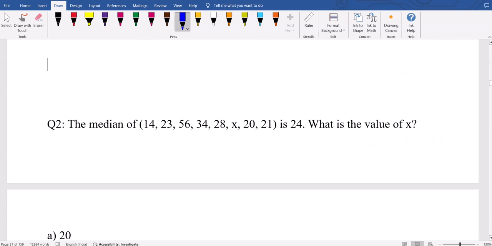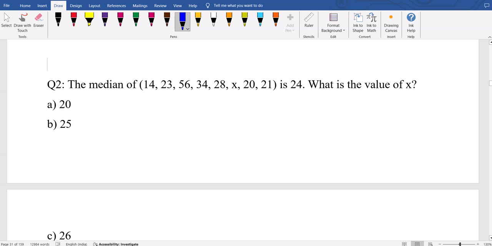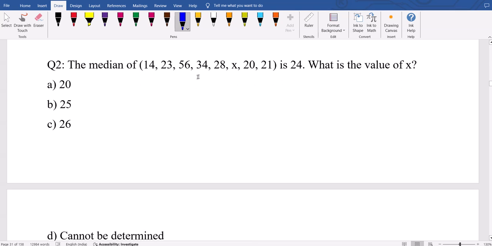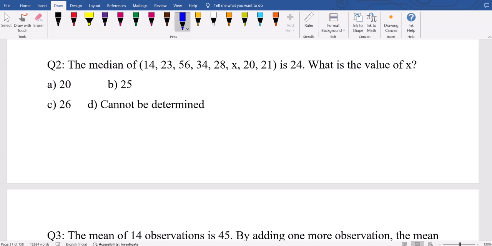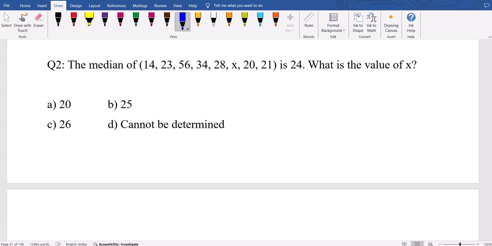So next one, median is given and you have to calculate the x value here. Before calculating median, first we need to keep the data in ascending or descending order.